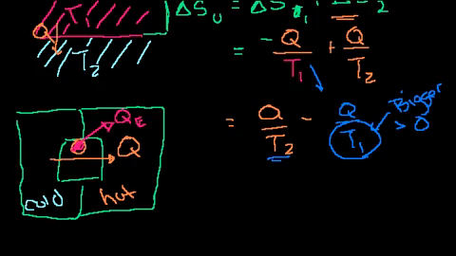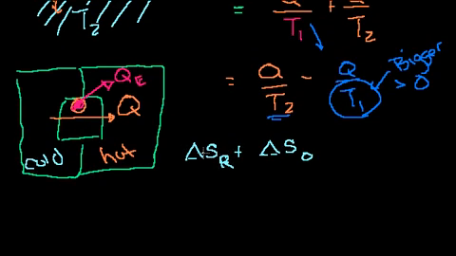If you wanted to figure out the total entropy created, the total entropy for the universe, it would be the entropy change of the cold room, plus the change in entropy for outside. I'll call this one for the room. So you might say, okay, the change in entropy for the room, it's giving away heat. Let's say the room is roughly at a constant temperature for that 1 millisecond we're looking at it.